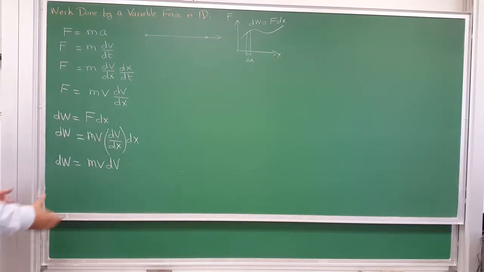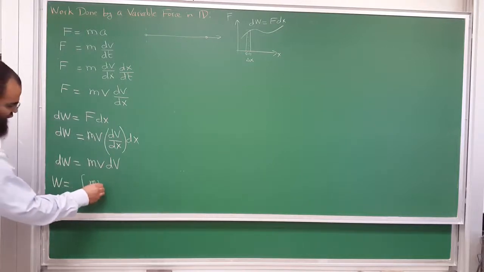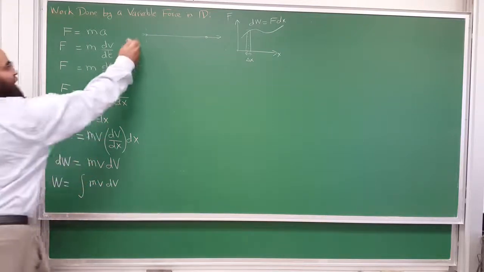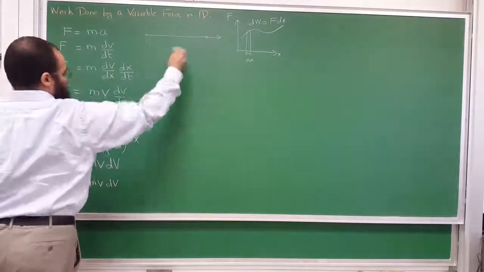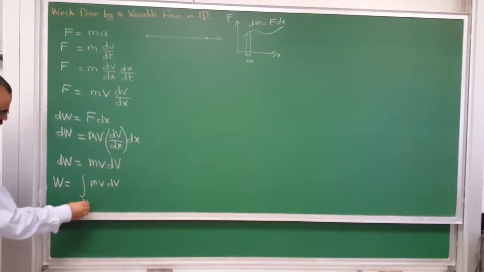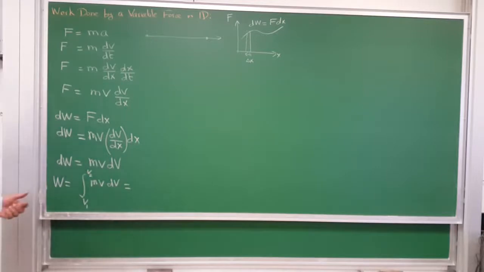So in terms of velocity, I could integrate this and see what I get for the total work. So the work done, the total amount of work, would be the integral of mv dv. And let's say the velocity here is v1, and at the end of my push it's v2, so it's from v1 to v2. And so this is a variable force now.